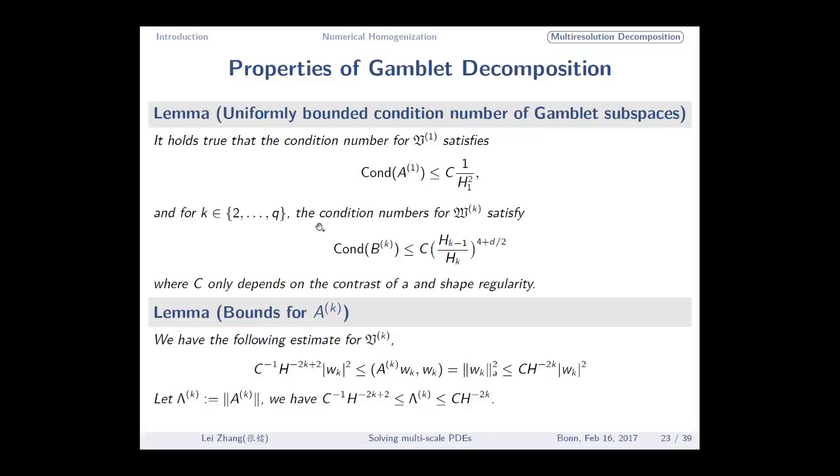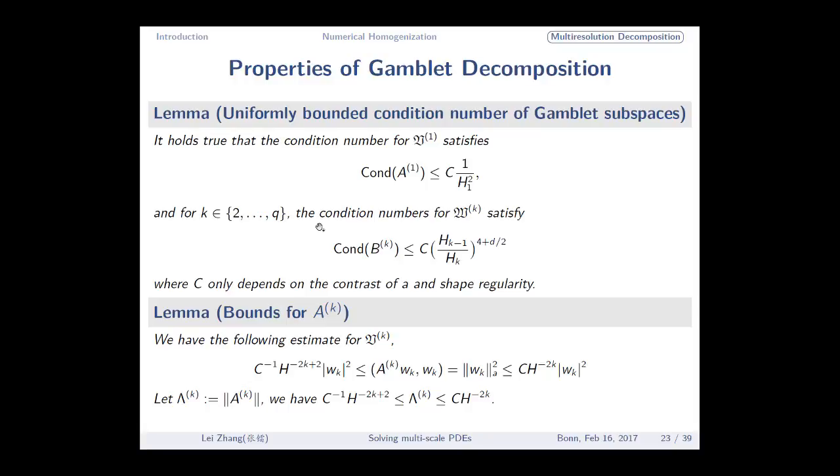We also have bounds for Ak, the stiffness matrix. We can control the spectral norm of Ak, and this lambda k is controlled like this. Good.